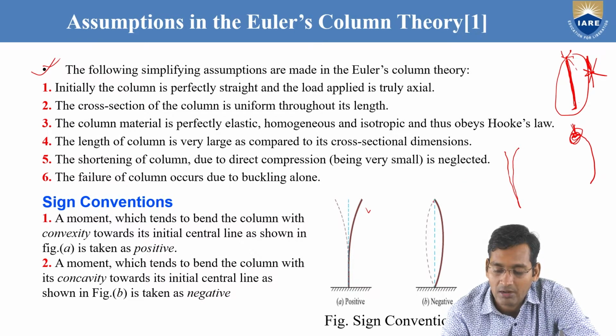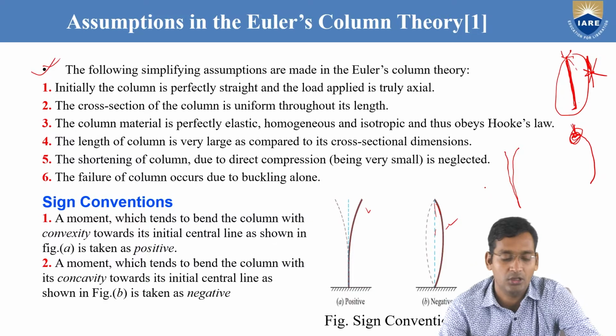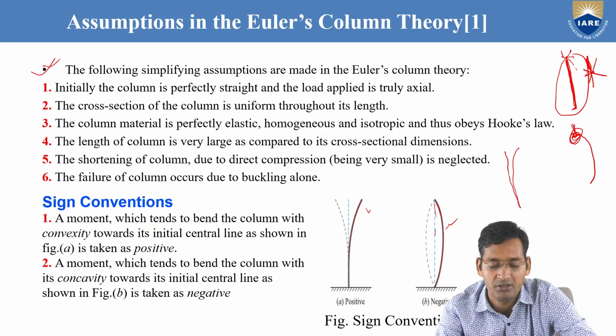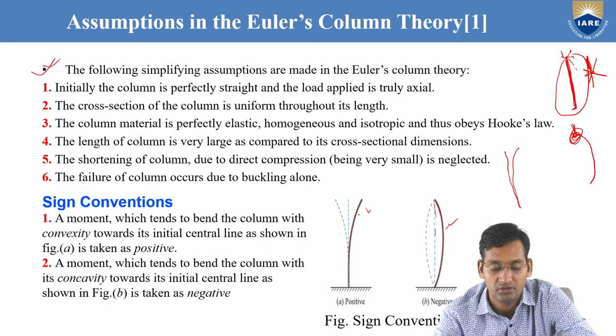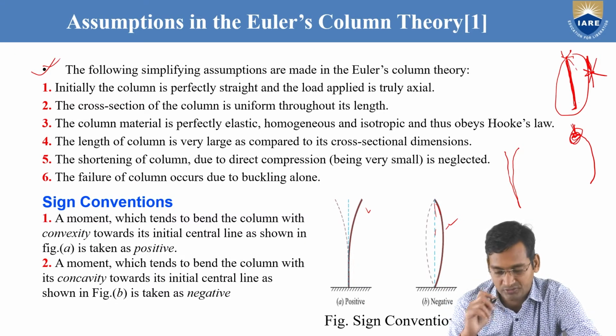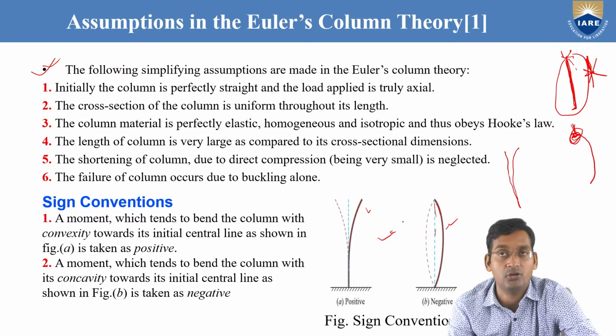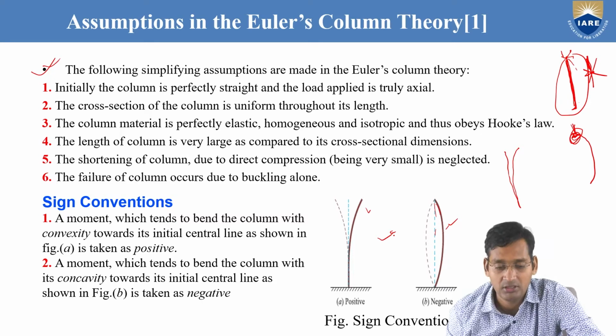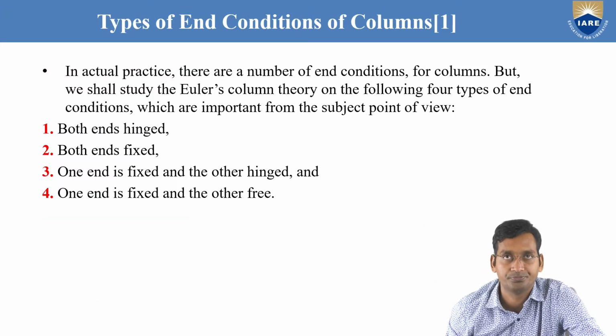And a moment which tends to bend the column with concavity towards its initial center line, bending like this, is negative. So this is the sign convention that you have to remember. We will use it while deriving the end condition formulas.